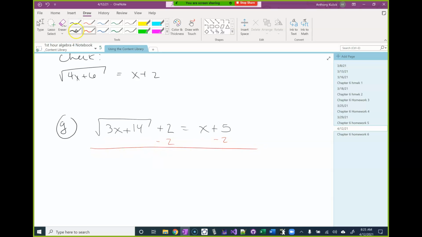I want to get that radical piece alone on the left-hand side. And then we'll square both sides to get rid of the radical piece.